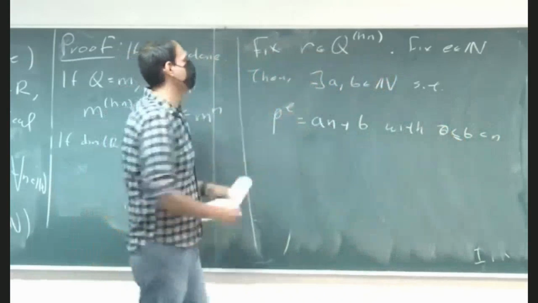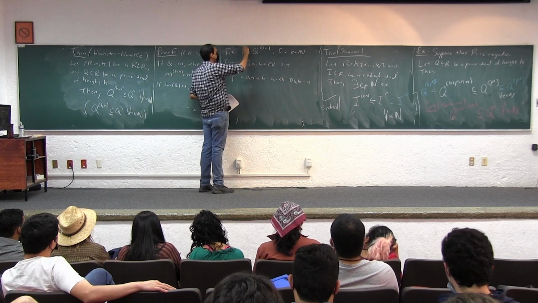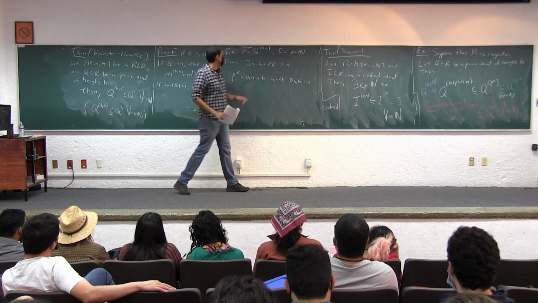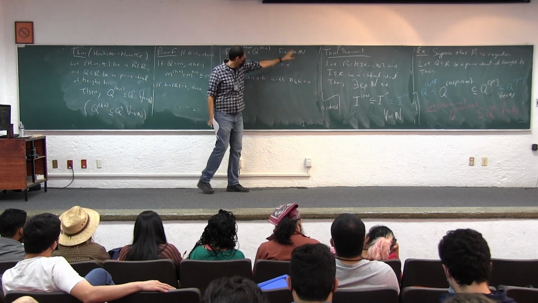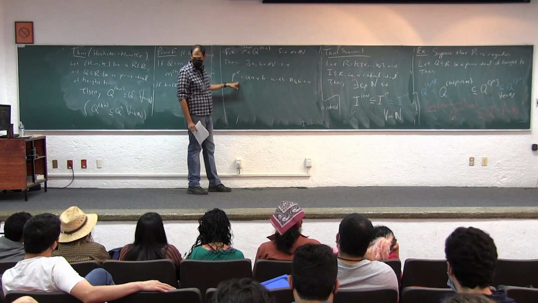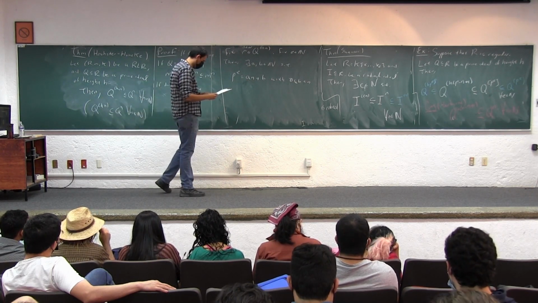So we fix the q. In order to fix the q, we have to fix the n, no? And then after this is fixed, you give me any e, and I will fix it for a little bit, and then I can apply the division algorithm by n to p to the e.